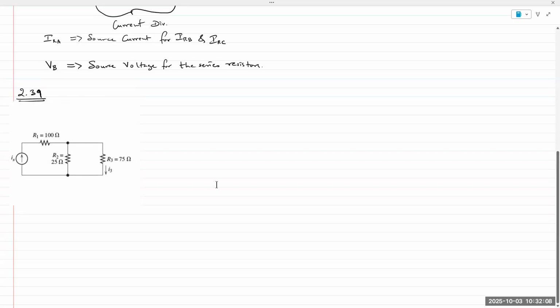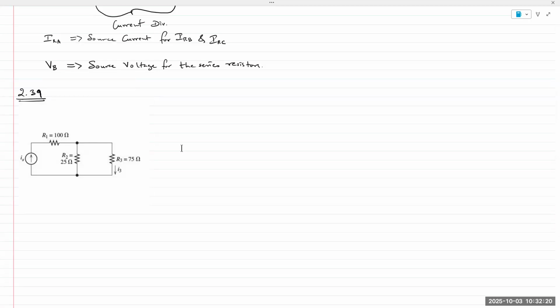So in this, if we refer to the concept of an ideal voltage source and an ideal current source, the properties are that an ideal source will supply its rated quantity at its terminals.